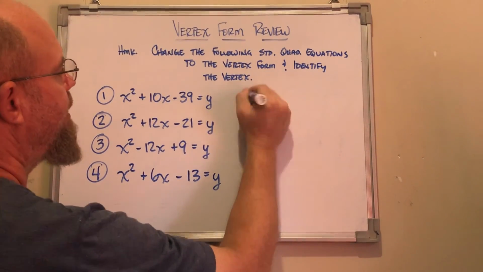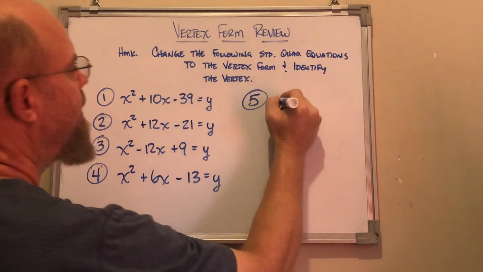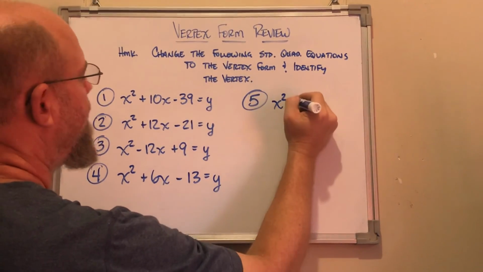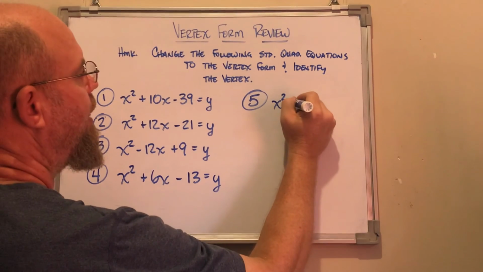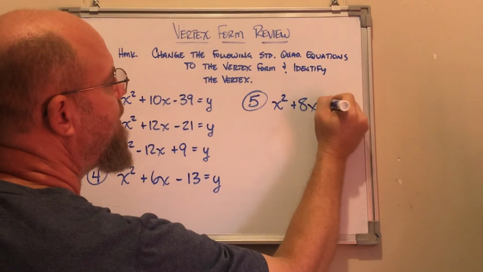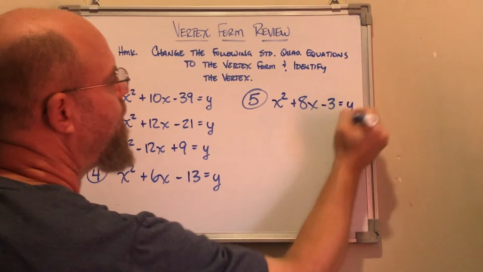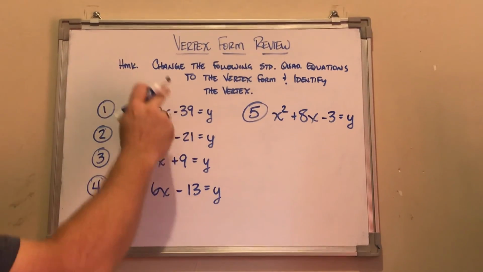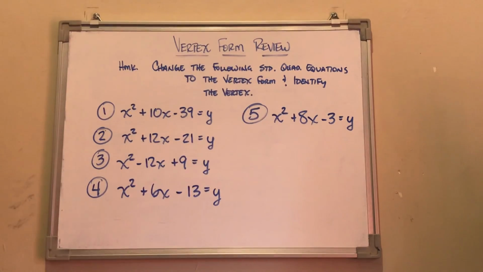And the last one is x squared plus 8x minus 3 equals y. Each one of those I want you to turn into the vertex form and then identify the vertex.